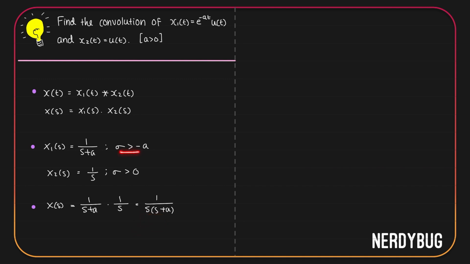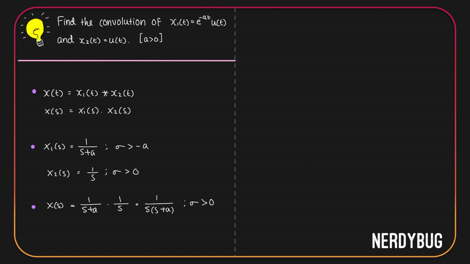The first one has sigma greater than minus a, but a is positive, so minus a has to be negative. The second one has sigma greater than 0. For example, if a is 2, then for the first one, sigma is greater than minus 2. For the second one, sigma is greater than 0. So intersection is sigma greater than 0. So X of s will have an ROC sigma greater than 0.